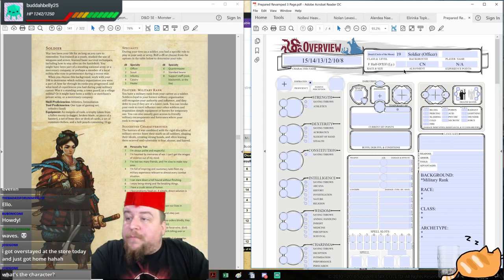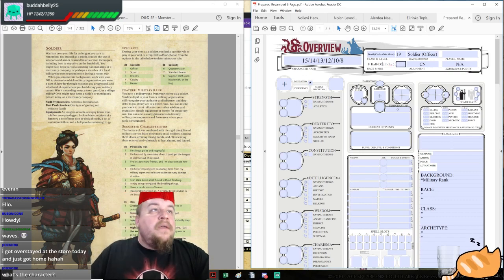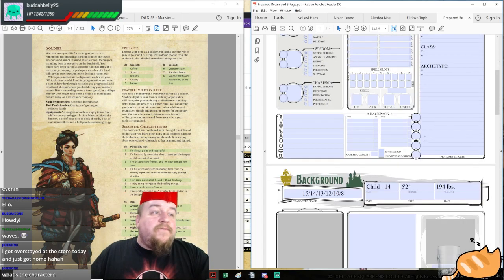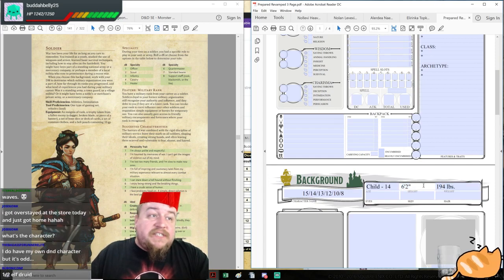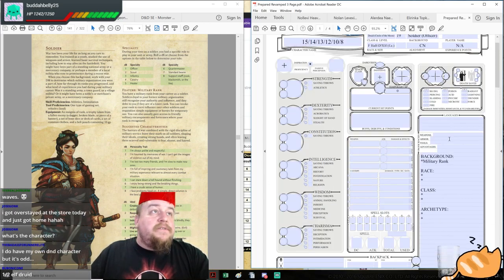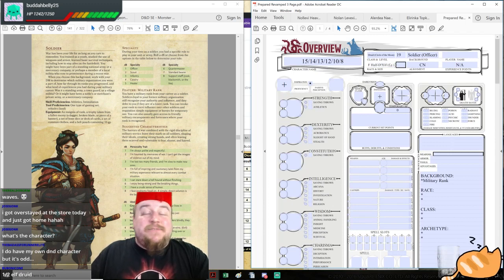You are welcome. I've overstayed at the store today and just got home. What's the character? We have a 14-year-old Druid, Circle of the Moon, which probably explains all that shape-shifting. She's a big girl. She's 6'2", 194 pounds. She is presumably a female.